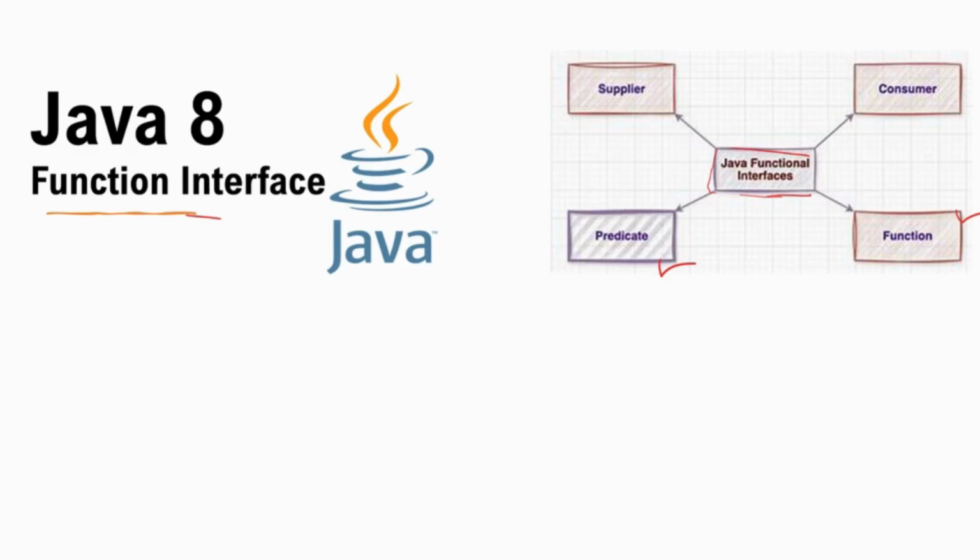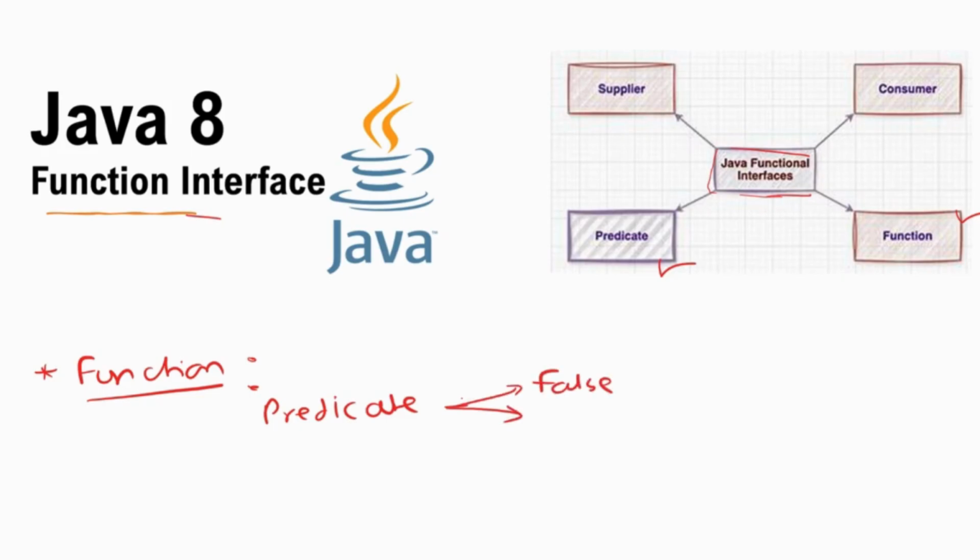So what is the Function interface? Let us start from there. What does it do? If you haven't checked our previous video, do check it out. In the predicate, what does a predicate do? A predicate will return either true or false.